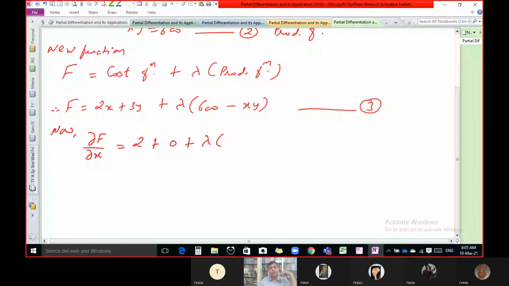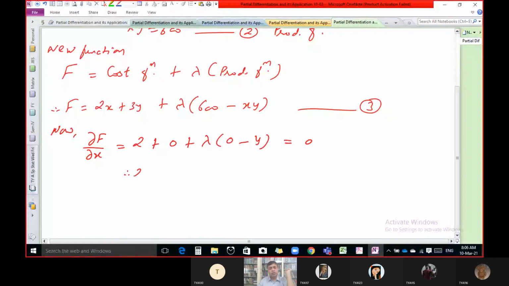Minus, what is the derivative of xy with respect to x? Here y is a constant, so y you write as it is, and the derivative of x is 1. So ultimately we get minus y, and we equate this with 0.